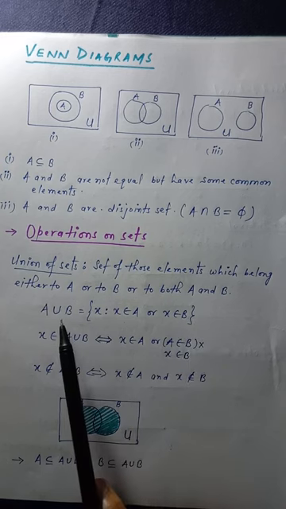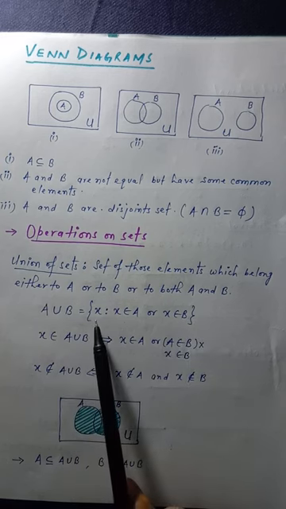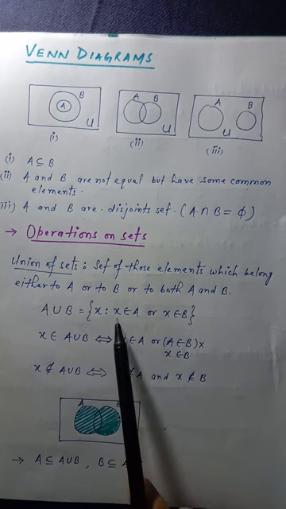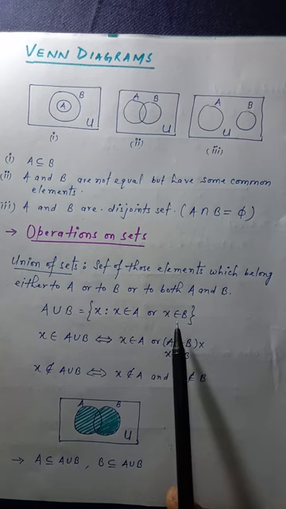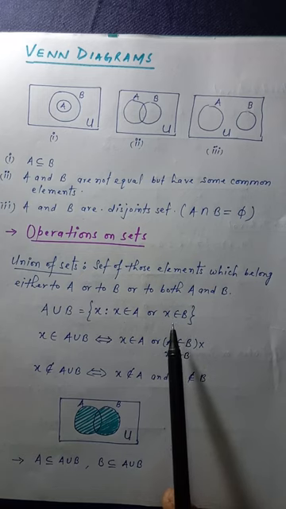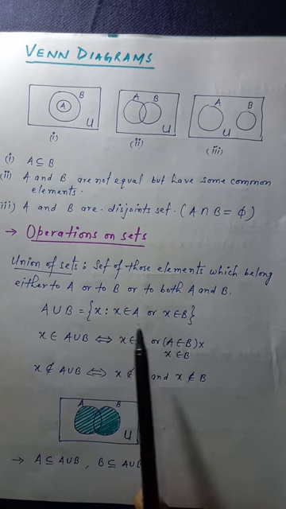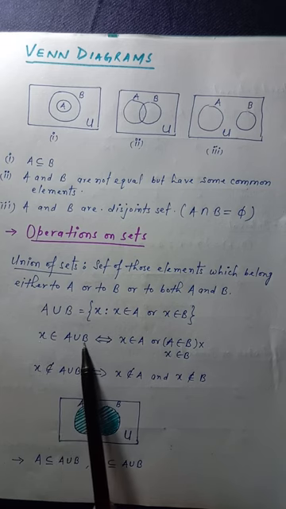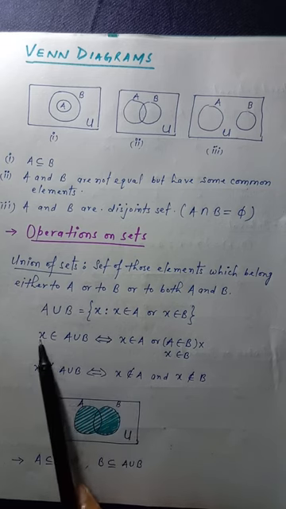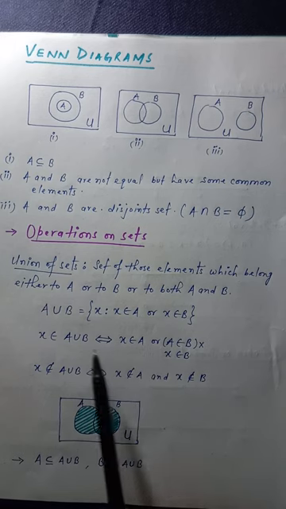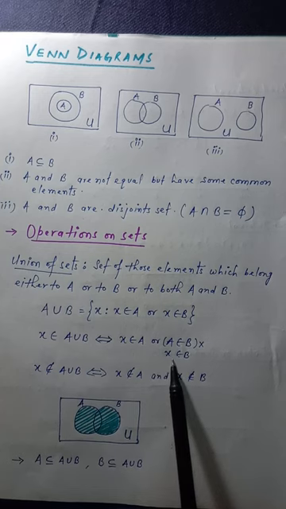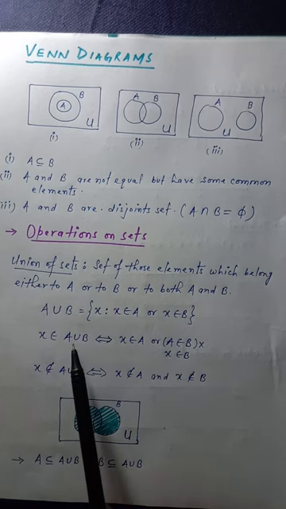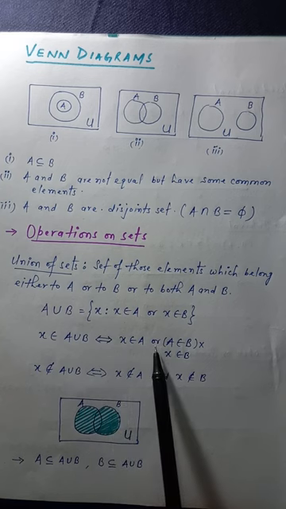So we are writing that in A union B there is an element X and this X belongs to A or this X belongs to B. Means this X is free, either it may be from A or it may be from B. So when X belongs to A union B, we can say that X belongs to A or X belongs to B. So remember, in case of union we write or.